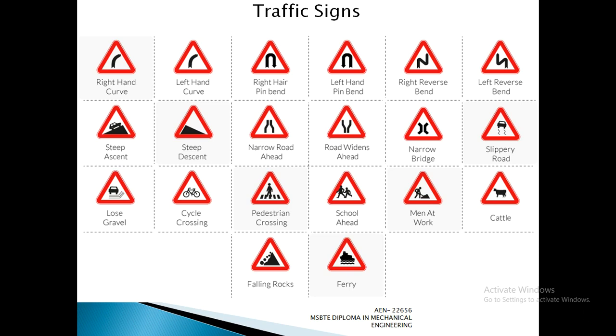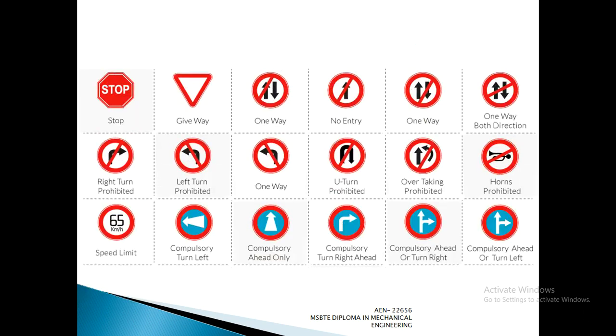Coming to the next, if there is a symbol where a car is seen with two lines behind it, that means there is a slippery surface and you should always drive slowly. So these are certain different symbols that are included for traffic.